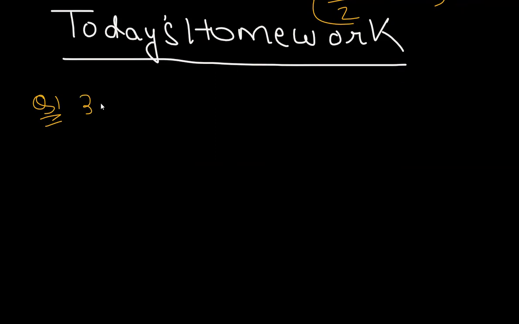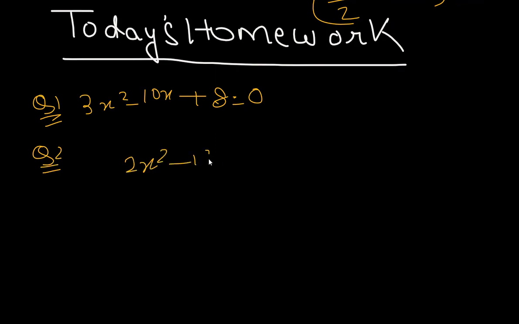First question is 3x square minus 10x plus 8 is equal to 0. Question number 2, 2x square minus 17x minus 30 is equal to 0. Find the roots of each.